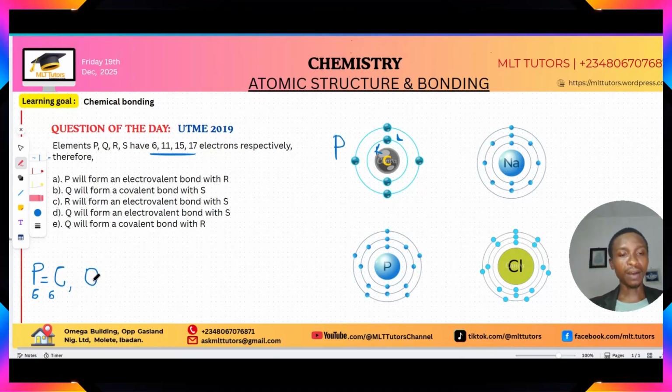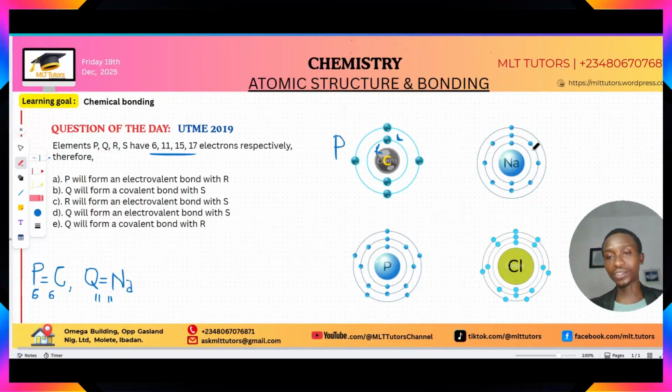According to the question, Q has 11 electrons. Which element has 11 electrons? That's sodium. In our first 20 elements, sodium is number 11. That means the atomic number of sodium is 11, so it will have 11 electrons.